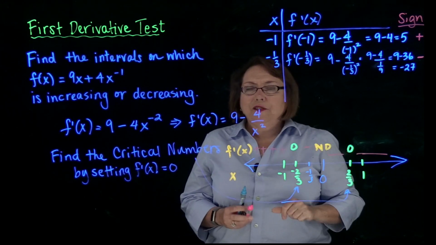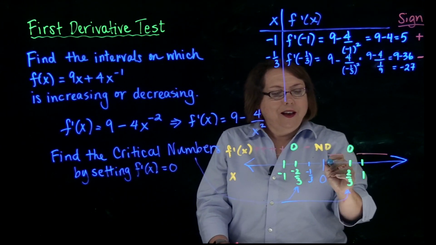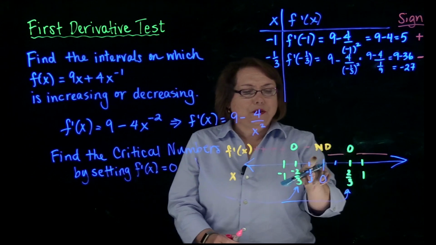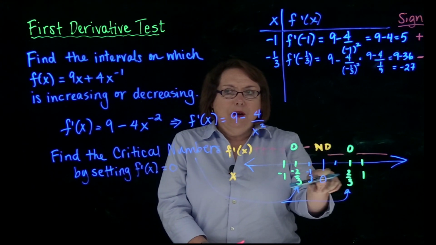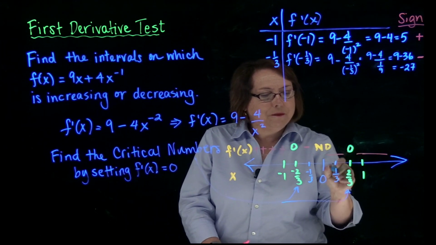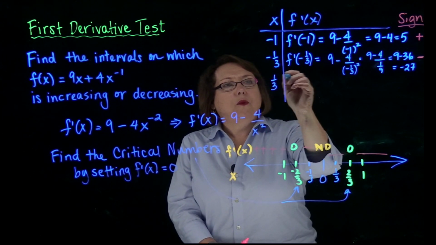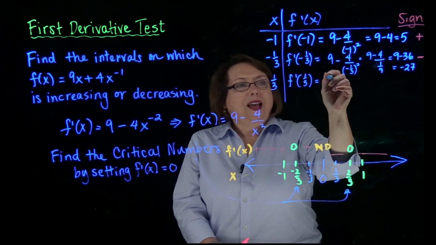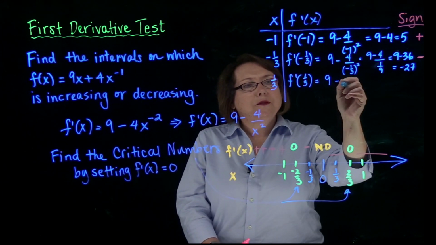Hope you're getting the hang of this. Let's try it again, and I think you could guess what number I'm going to choose for this third region right here. We want something between 0 and 2/3. Let's go ahead and choose 1/3. Positive 1/3 is going to give me the same result as negative 1/3, because I'm squaring.